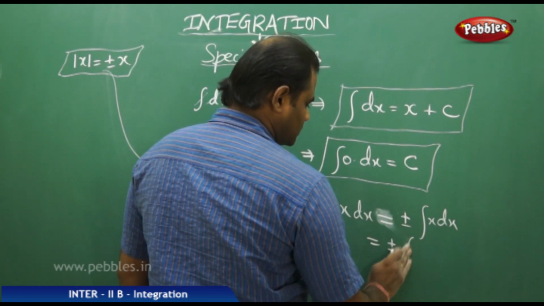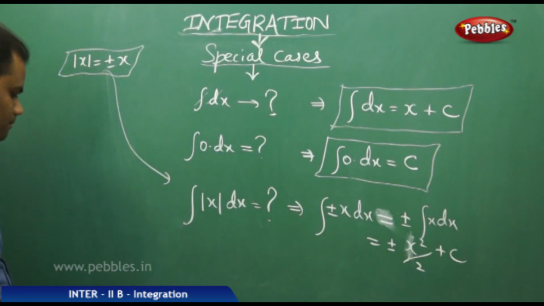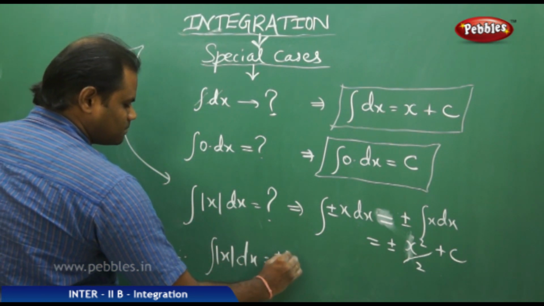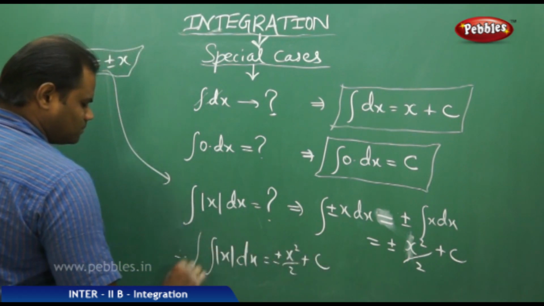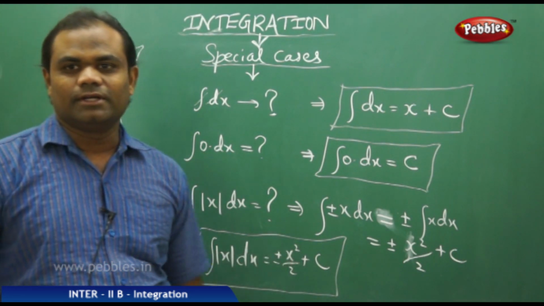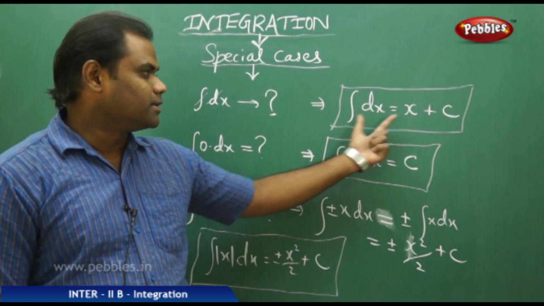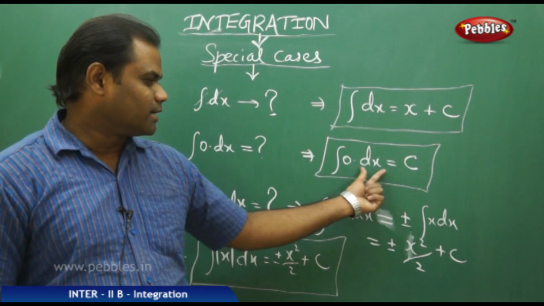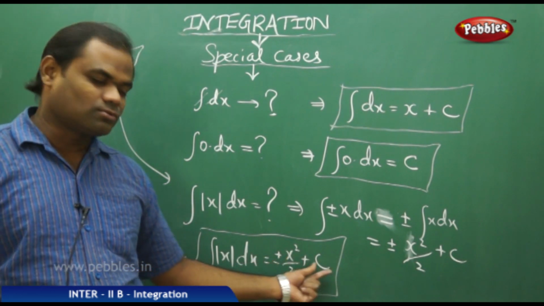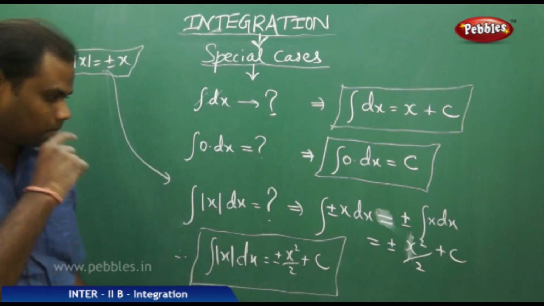Plus or minus integral x dx is x squared by 2 plus c. Therefore, integral mod x dx is plus or minus x squared by 2 plus c. This is what we get as special cases of integration connected with the special cases of the functions. Integral dx is x plus c. Integral 0 dx is c, the constant of integration. Integral mod x dx is plus or minus x squared by 2 plus c. This is how we understand the concept.